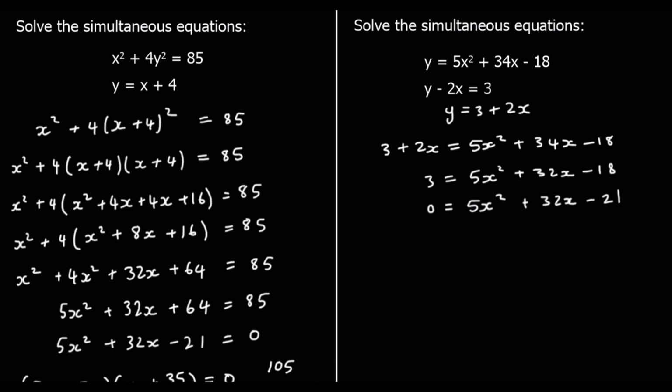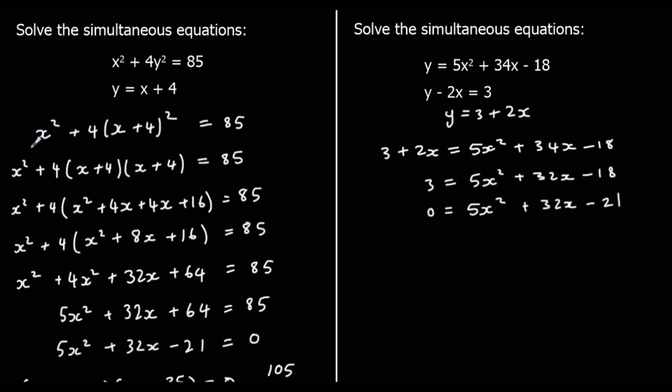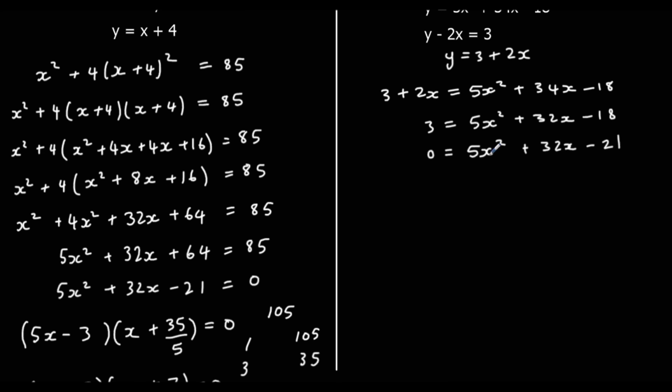And that is the exact same quadratic we had previously. So that will factorize into 5x minus 3 and x plus 7. So we can say x is equal to 3/5 or 0.6, and x is equal to negative 7.